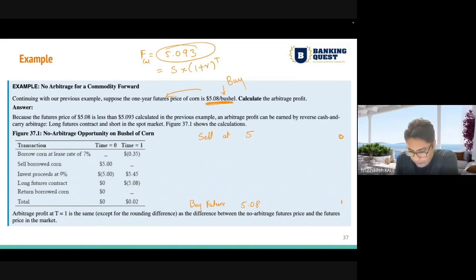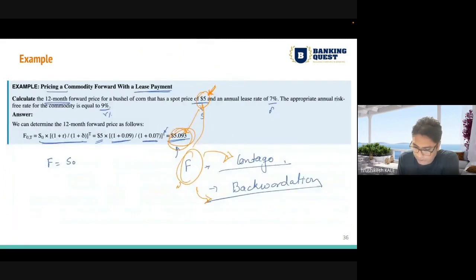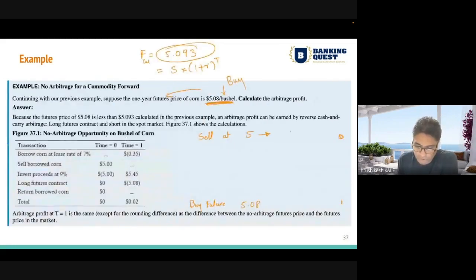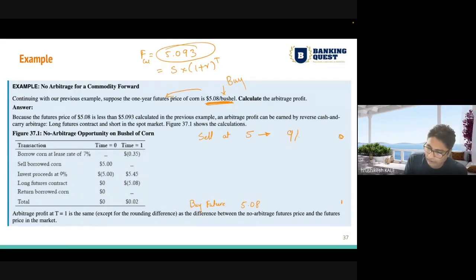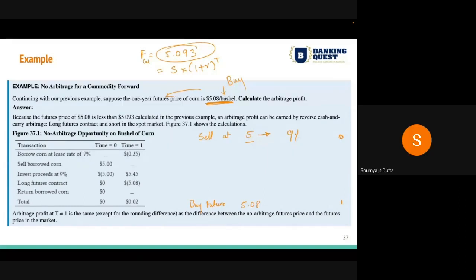Now, this 5, you will keep it in bank with an interest of how much? The risk-free rate for commodity is 9%. Got my point? So you invest it at 9%. So when you invest 5 rupees at 9%, how much do you get? 5.45.